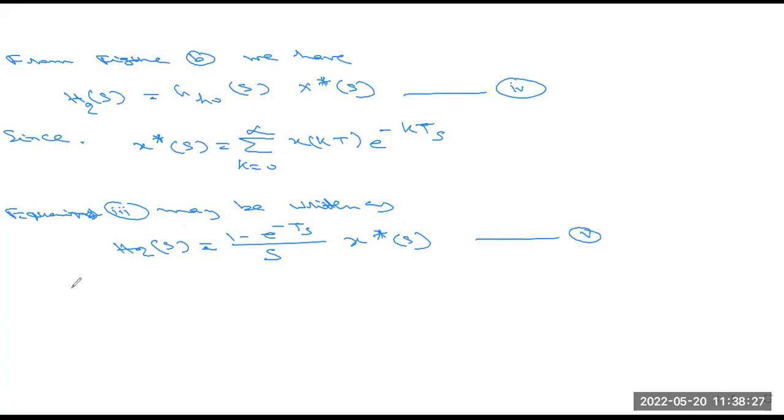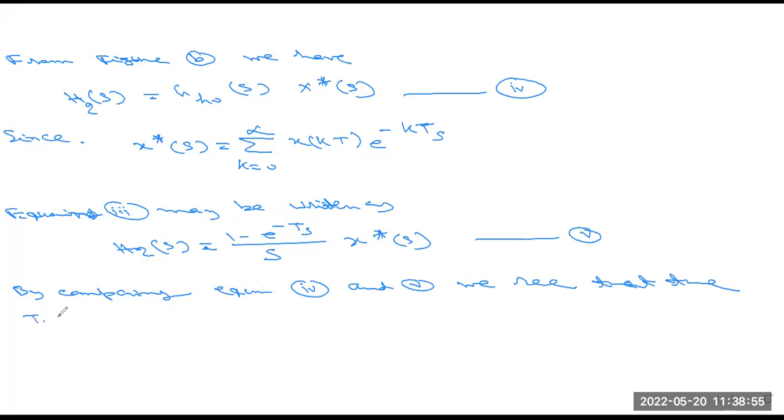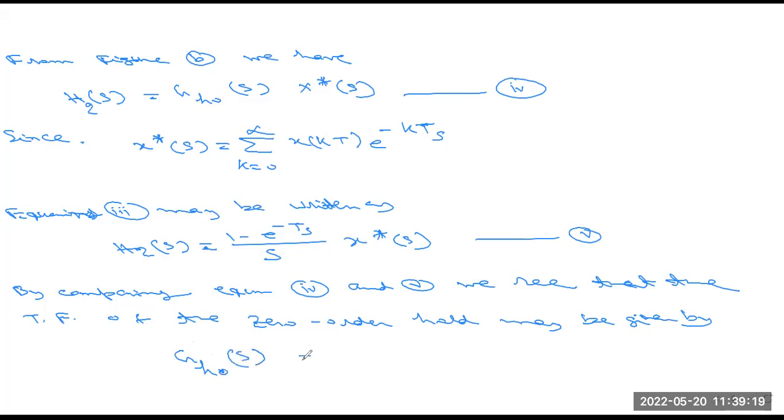So now by comparing equation number 4 and equation number 5, we see that the transfer function of the zero order hold may be given by, that is G of H0 S, that is equal to 1 minus e to the power minus Ts by s.